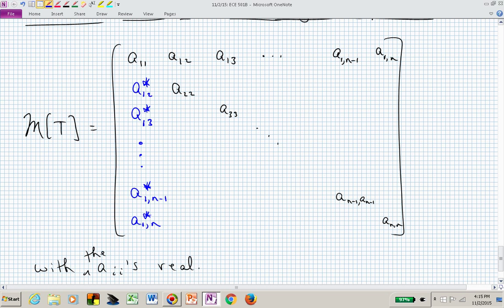And I could do a similar thing if I now keep the elements above the diagonal with the unconjugated versions.